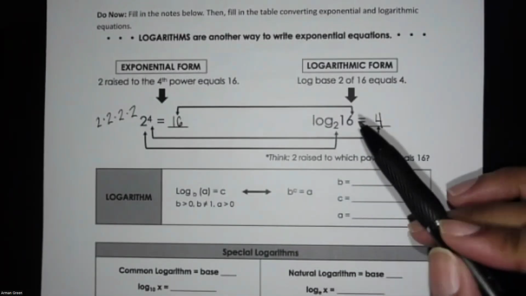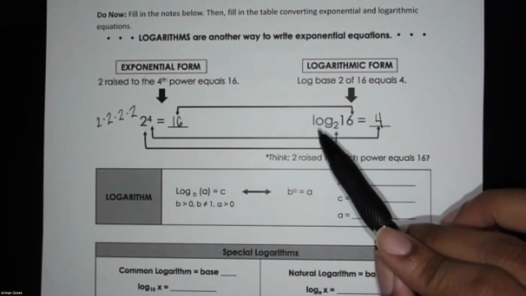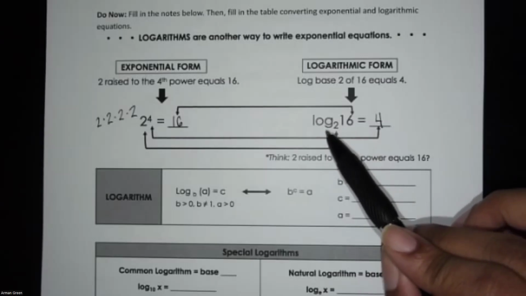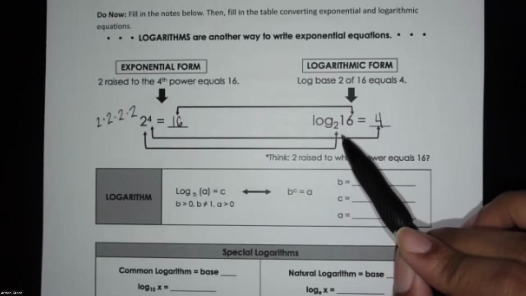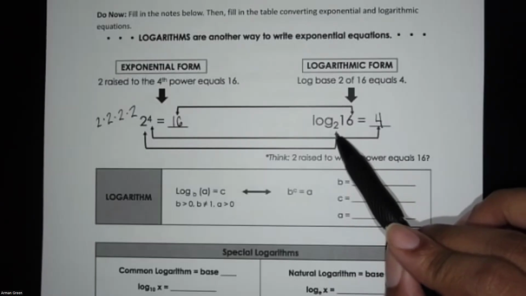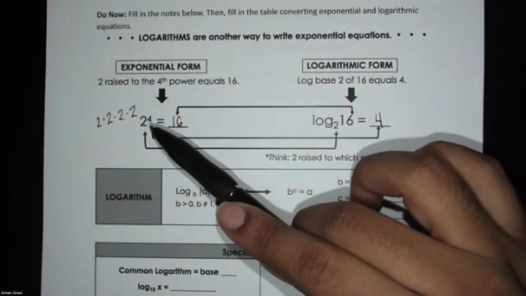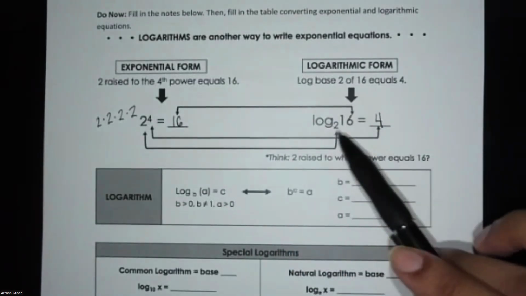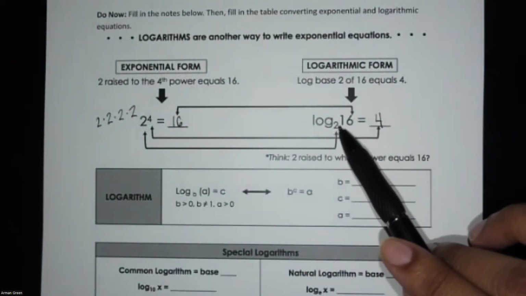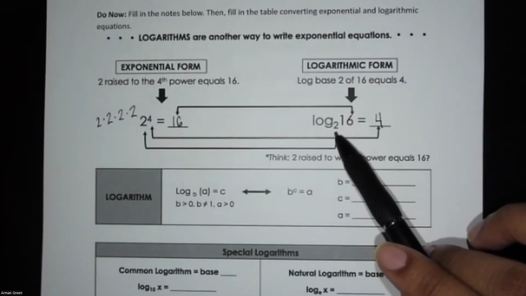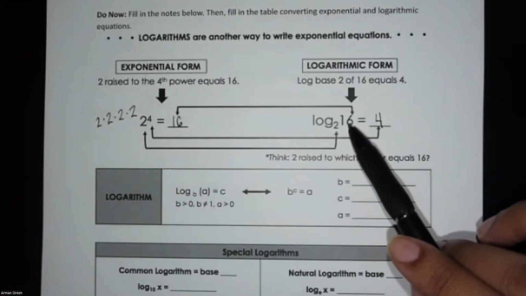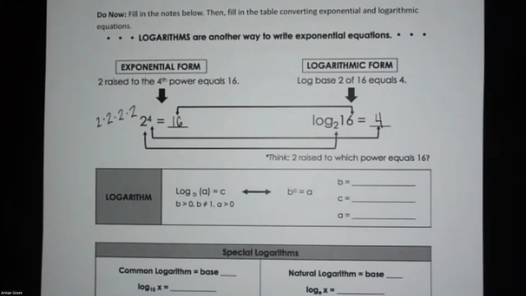When we're looking at logarithms or expressions similar to this, what we're trying to answer is: 2 raised to what power will give me 16? In this case, it's 4 because we already figured that out. That's how logarithms work. Whatever this base is, we're trying to figure out what exponent we can raise this base to in order to get the number that is inside of our logarithm. That's how we're going to think of it moving forward.